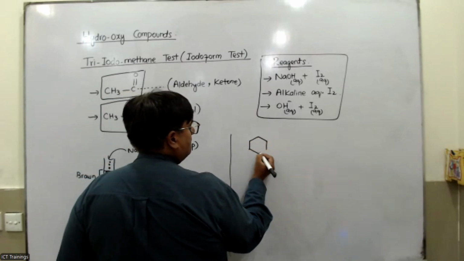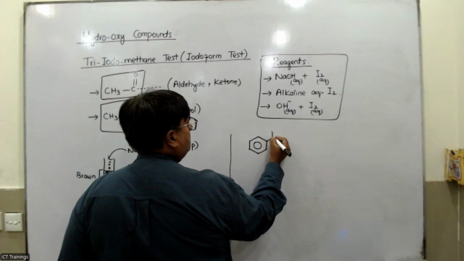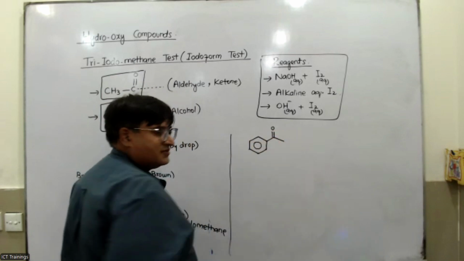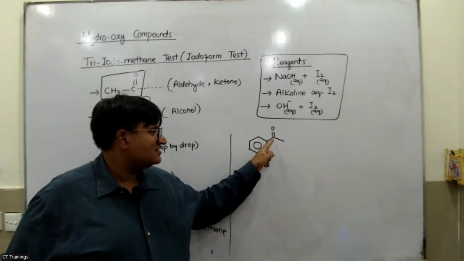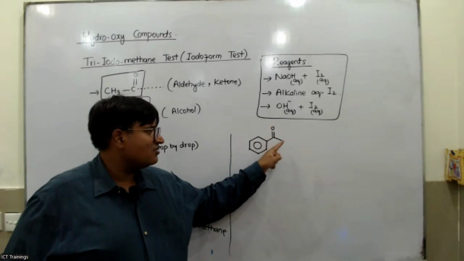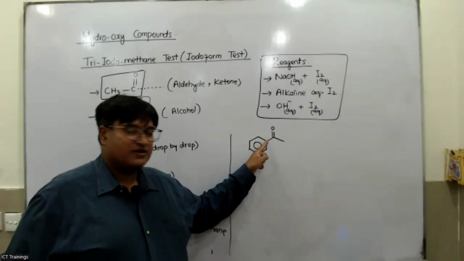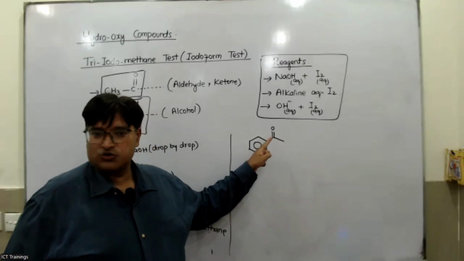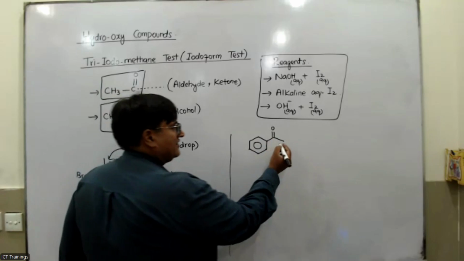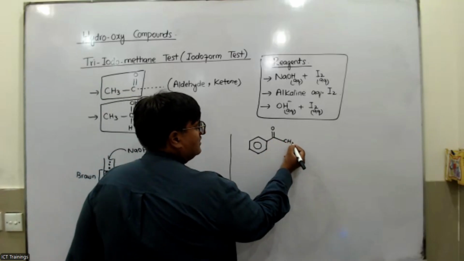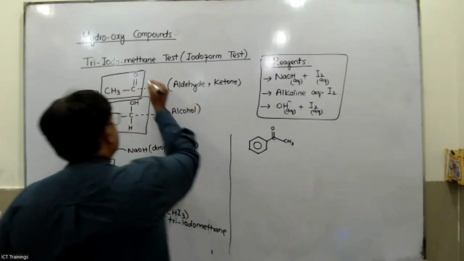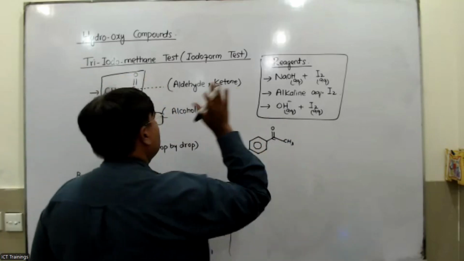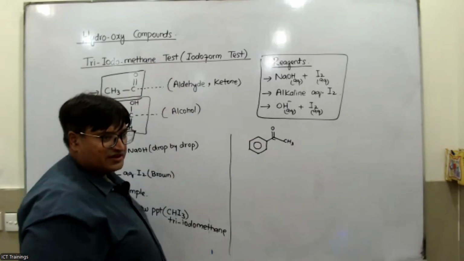If you look here, this is C double bond O, surrounded by a carbon on one side and a carbon on the other side. So this is a ketone, and it has a CH3 attached to C double bond O. So this group is present, which means we can use the triiodomethane test.